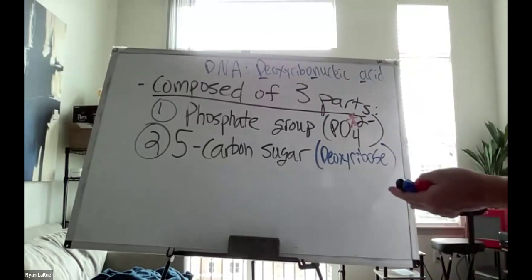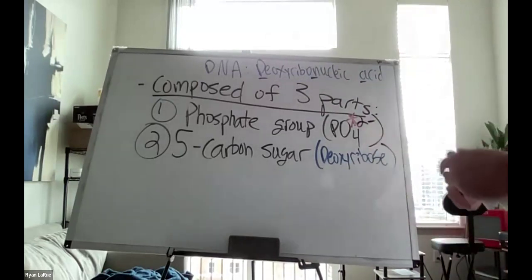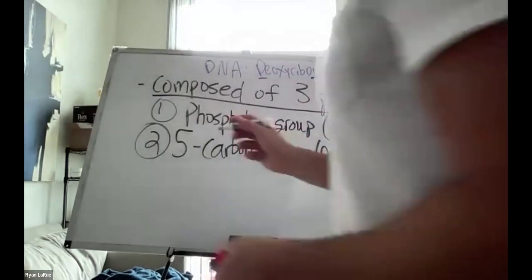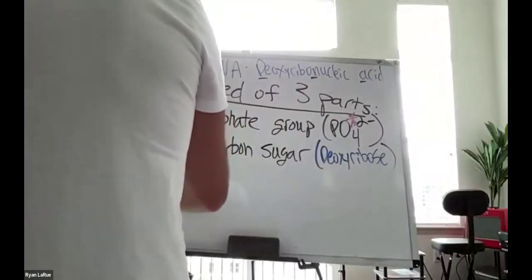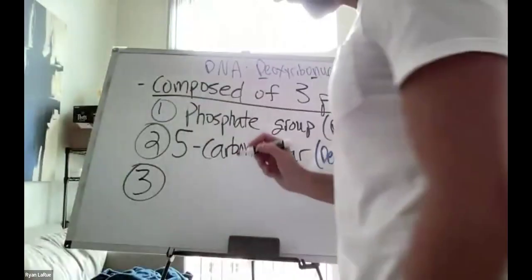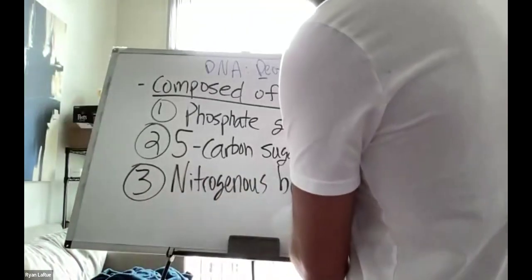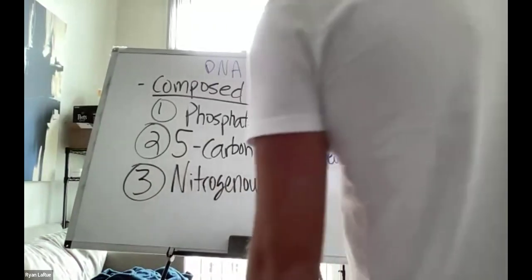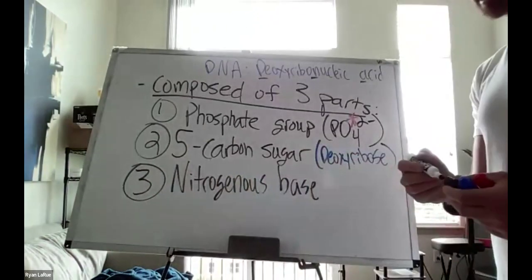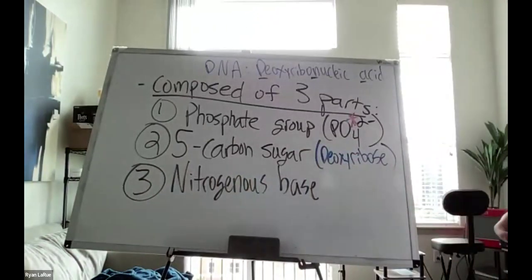Last, the third part of a nucleotide is going to be our nitrogenous base. And again, since we're focusing on DNA, we'll talk about the types of nitrogenous bases you can have in a nucleotide of DNA specifically.